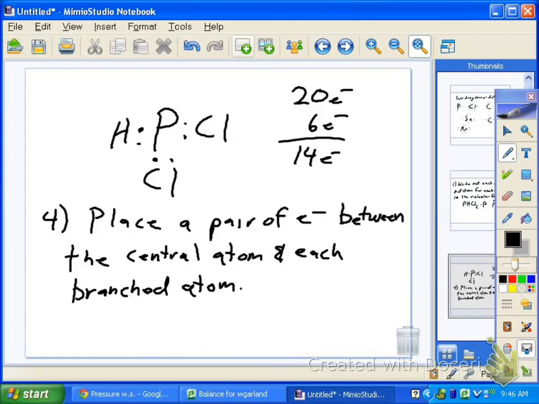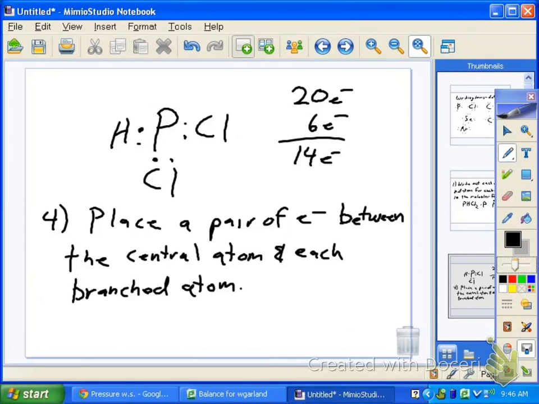There are several ways in which you can show Lewis structures and how they're put together, and I've done it some different ways. But I find that these steps really help students who like it step by step to see the process of how this fills in. This seems to work really well. So that's why I'm sticking with it.